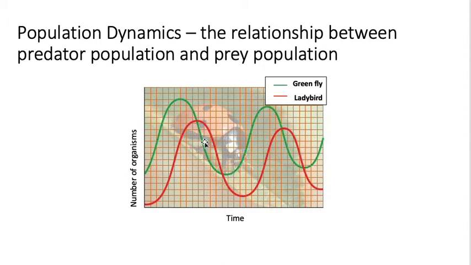So again, there's a slight time lag between the decrease in numbers of the aphids or greenfly and the decrease in numbers of the ladybird. And the ladybird numbers will go down much lower than the greenfly population.